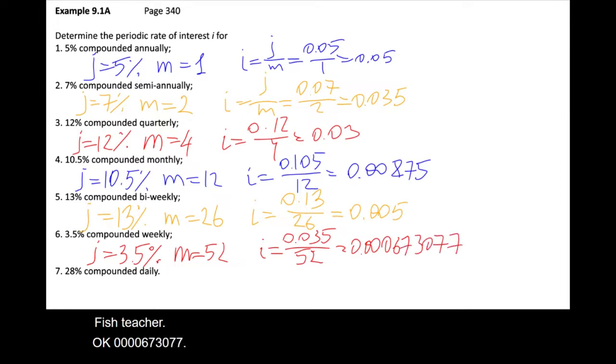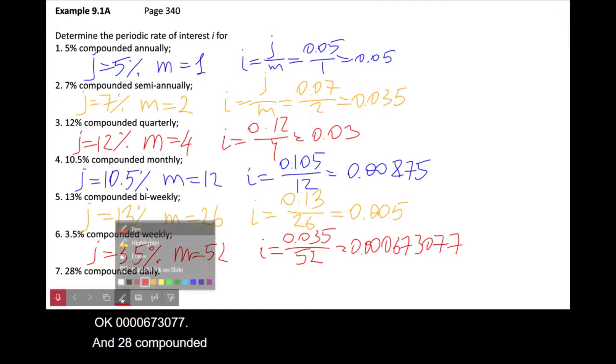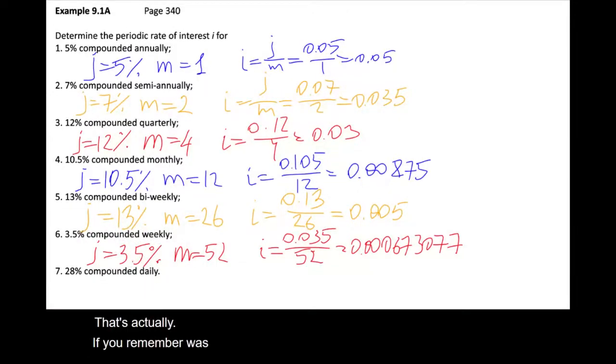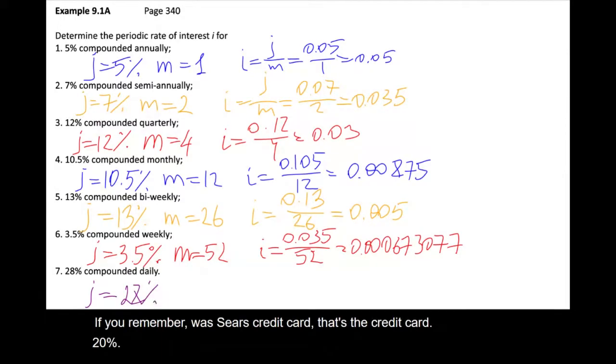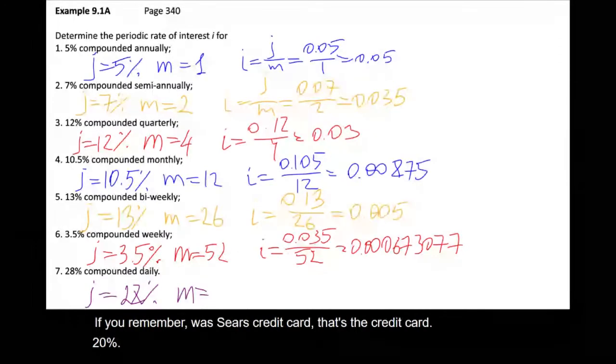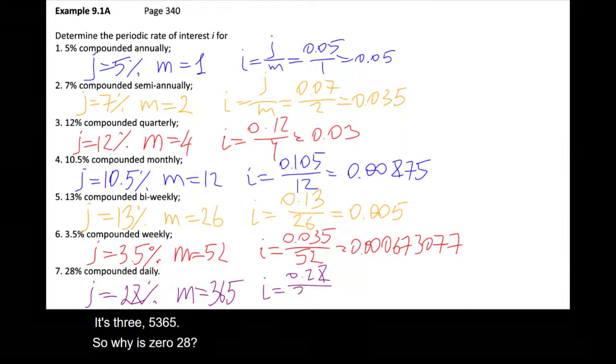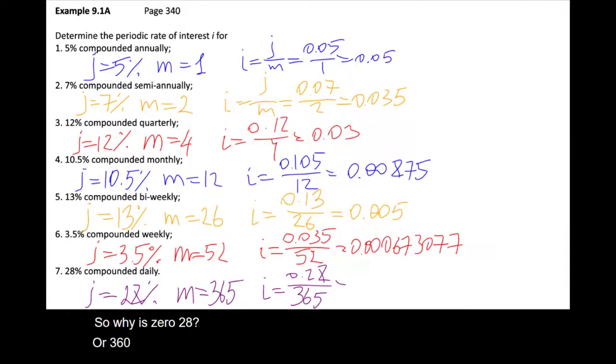And 28% compounded daily. That's actually, if you remember, the Sears credit card. That's the credit card, 28%. M is 365. So I is 0.28 over 365.